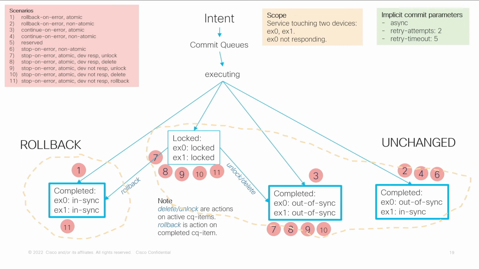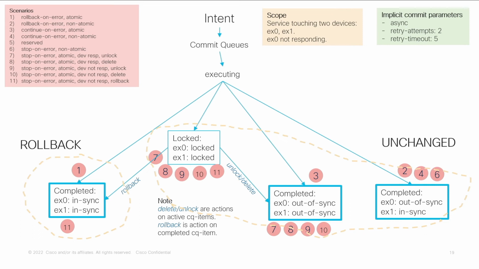When you have rollback on error, the transaction will roll back and all devices will be in sync. So if the transaction fails, you will get back to some start condition and you can actually continue from there. But if you don't have rollback on error, you will always end up with at least one device that is out of sync.